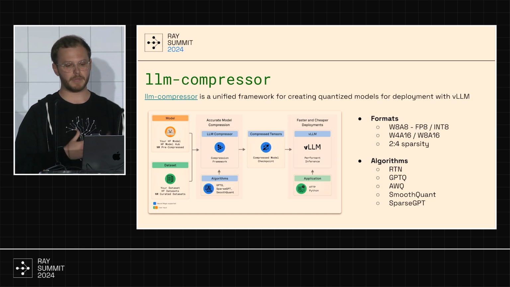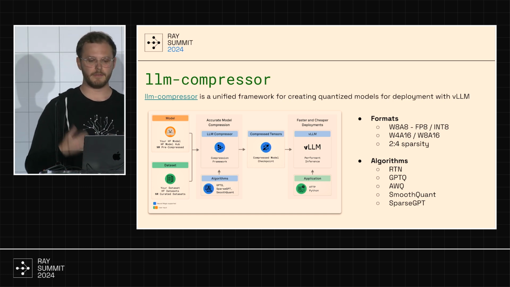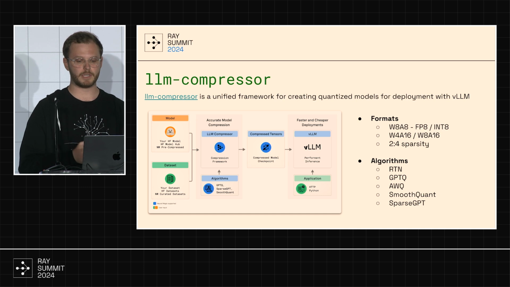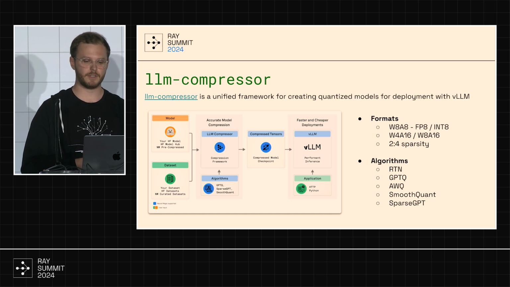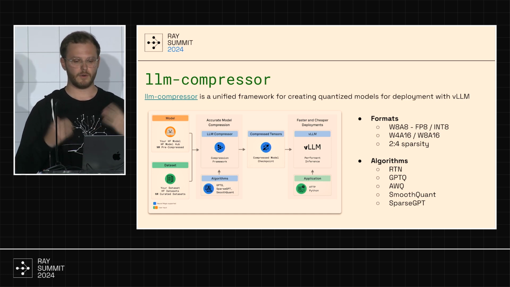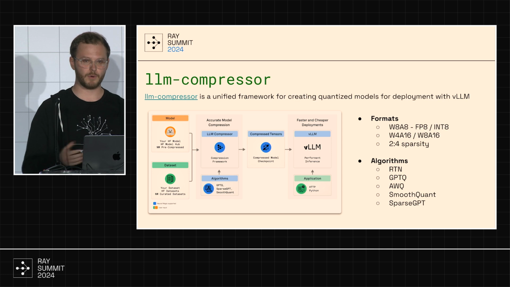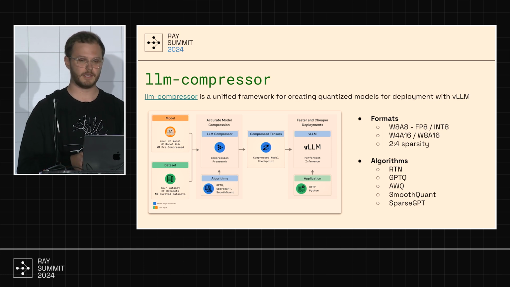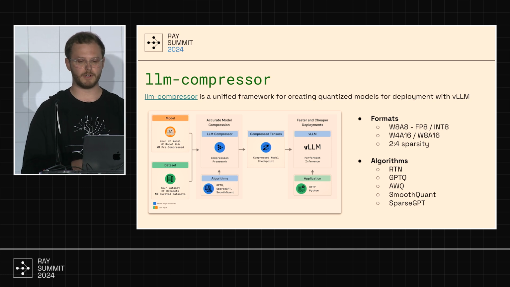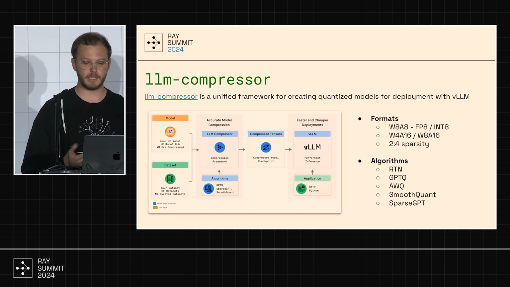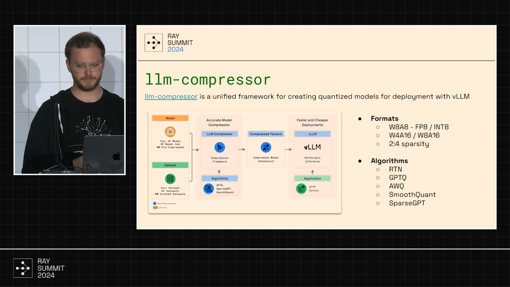And then after you've applied each of these algorithms, we can then save the compressed models in an actual compressed format on disk in many different formats. Like I mentioned before, W8A8 for your FP8 and INT8 activation quantization, W4A16 or W8A16 for quantizing just the weights to lower precisions, and 2:4 sparsity for storing weights and parameters that have inherent sparsity, for more extreme model compression.